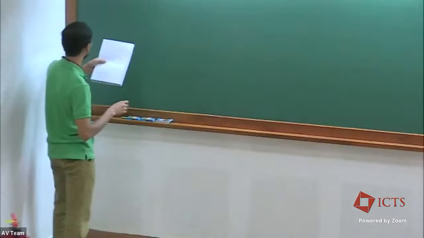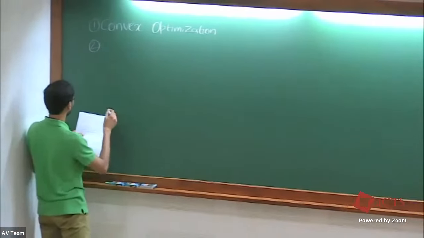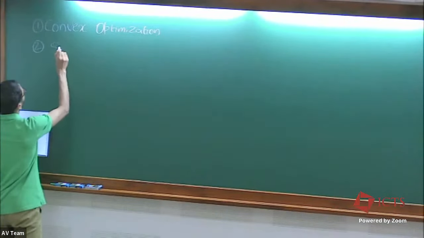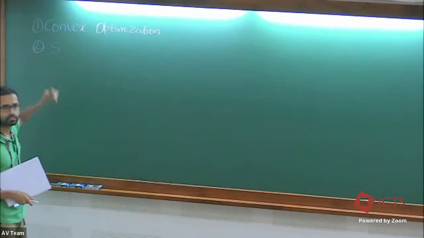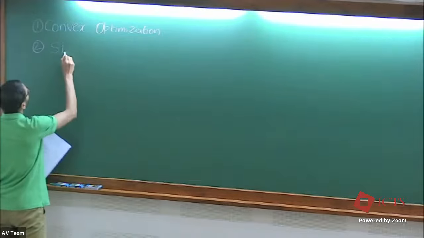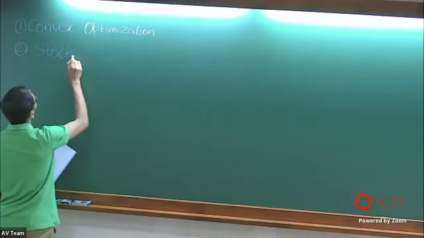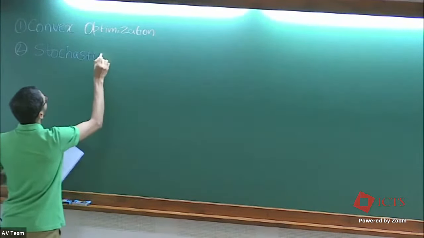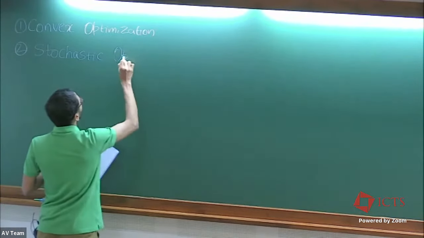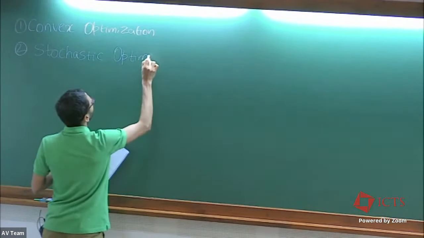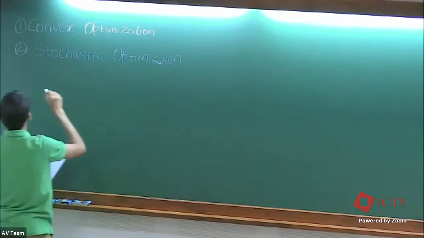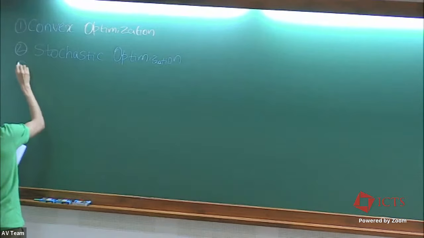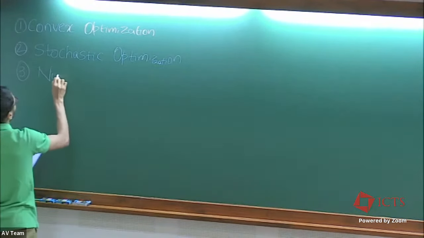Roughly, I can say there will be 5 different parts. One is convex optimization. The second one is stochastic optimization. Then we'll talk briefly about non-convex optimization.